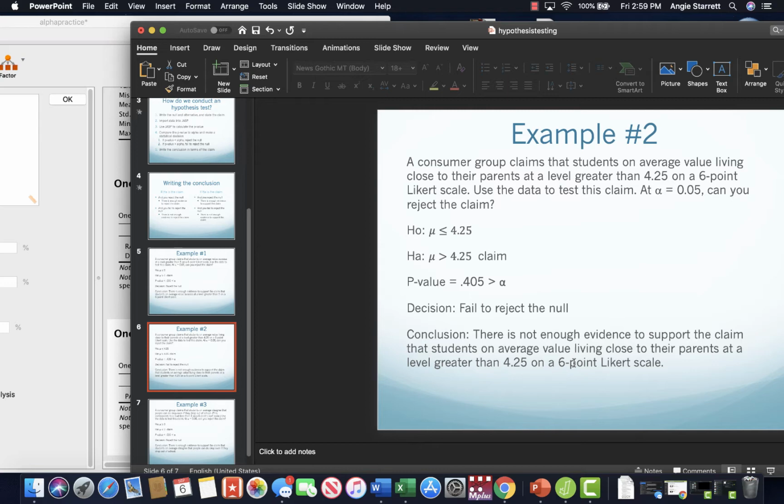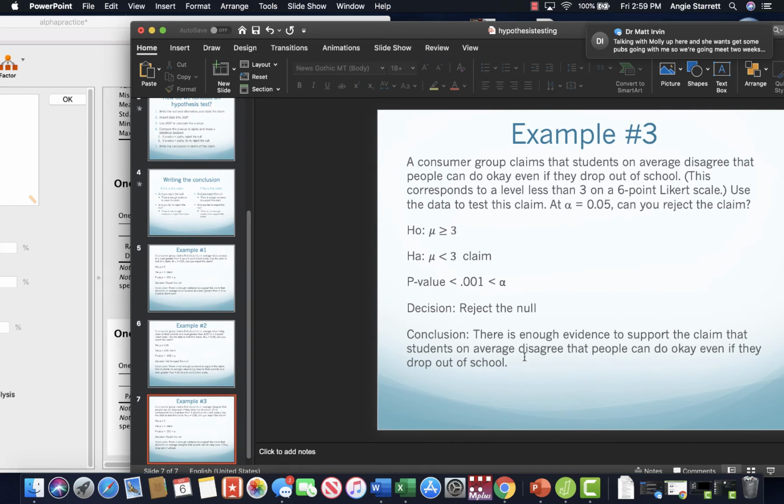So bad news, parents. It's not greater than 4.25. It's probably closer to somewhere in the middle, neither important nor unimportant, that students actually value living close to their parents.